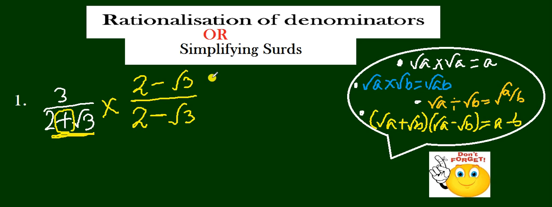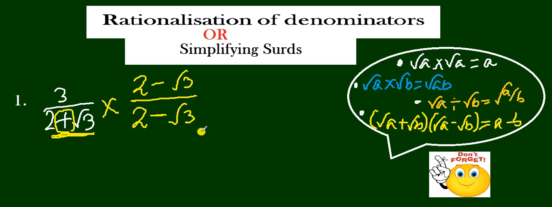So overall, these two cancel out to 1. What happens is, you will be relating this times this with this particular identity.